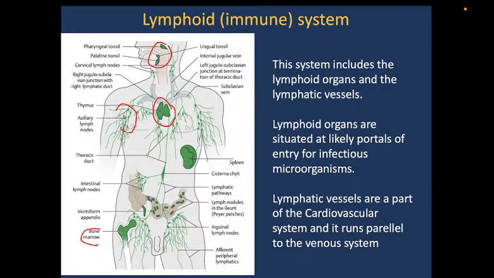And mostly lymphatic organs, as well as the other organs and parts of our body, have lymphatic vessels. Here you see these small green vessels located in the axial cavity, or for example, here is quite a huge lymphatic vessel called the thoracic duct.